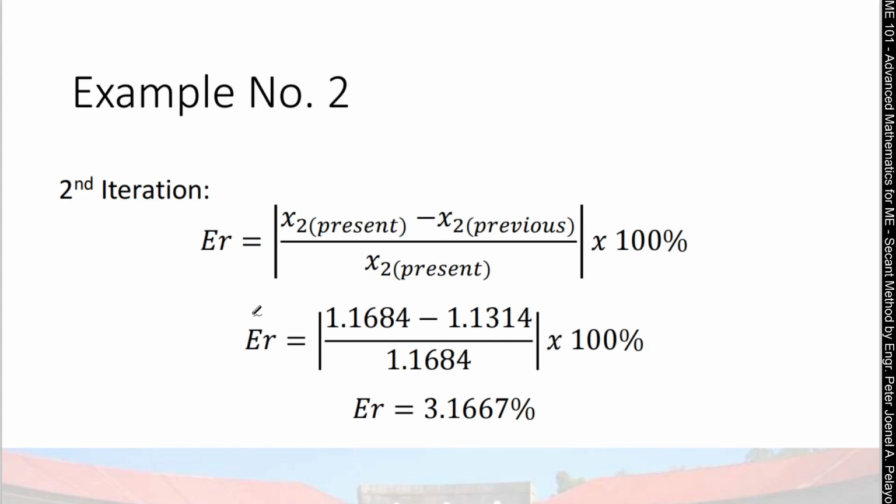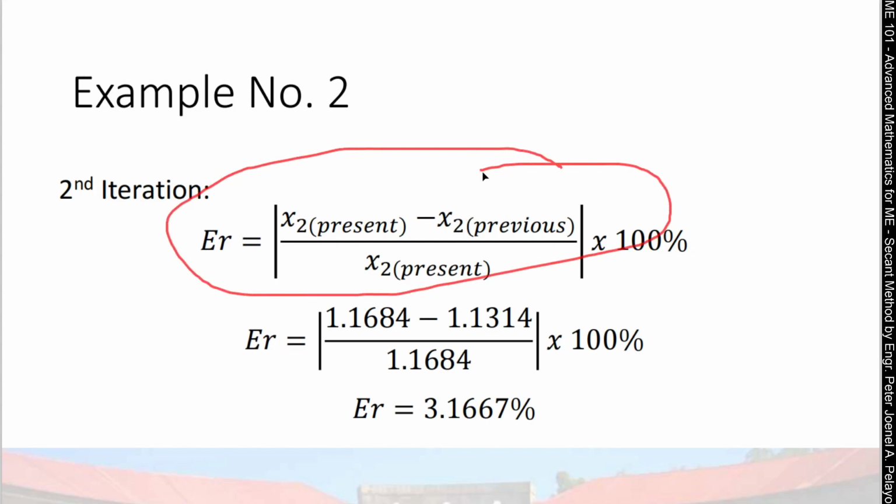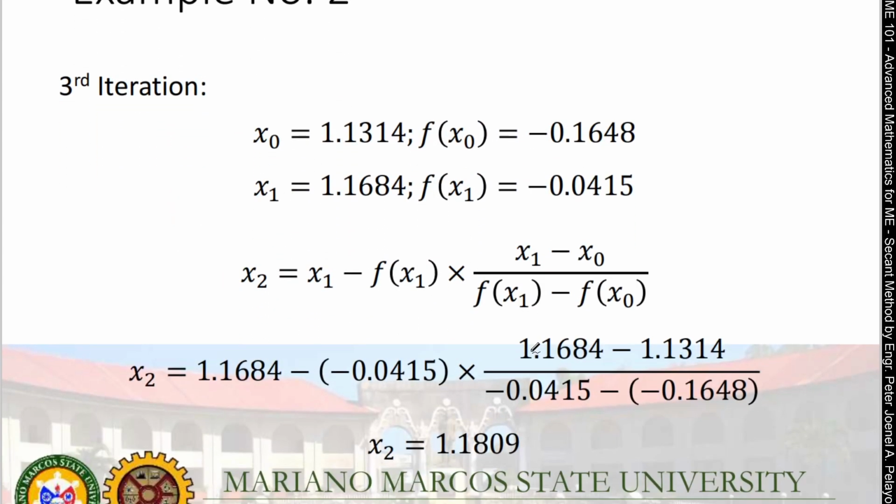So, relative error: present minus previous over present, times 100%. Paulit-ulit lang yan. So, ang ER natin is 3.1667%. Third iteration. X0 is 1.1314, X1 is 1.1684. f(X0) is 0.1648, f(X1) is 0.0415.